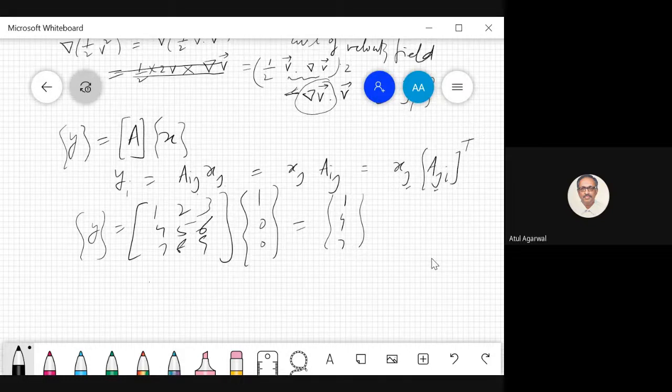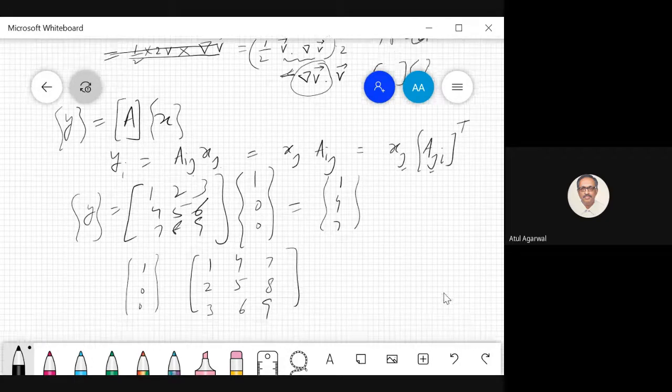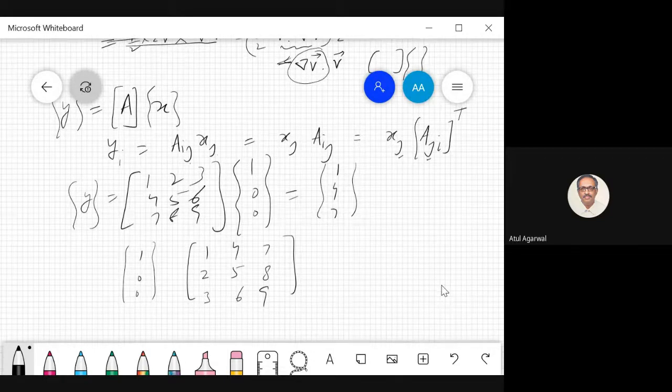So I got 1, 0, 0. Then I write its transpose. So what is the transpose? 1, 5, 9, 2, 3, 4, 5, 6, 7, 8, 9. So you're just changing rows into columns. Now can you multiply these two matrices?